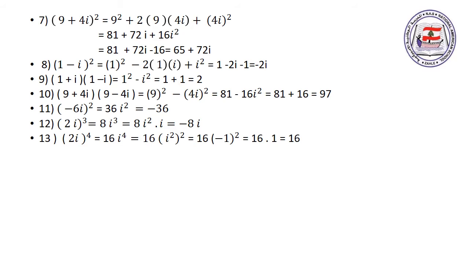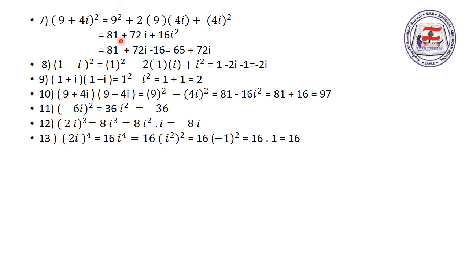Now in example 4 we have 9 plus 4i to the power of 2. It's in the form of the perfect square a plus b squared, so it should be reduced in the form of a squared plus 2ab plus b squared. So expanding this expression, we get 9 squared plus 2 into 9 into 4i plus 4i squared.